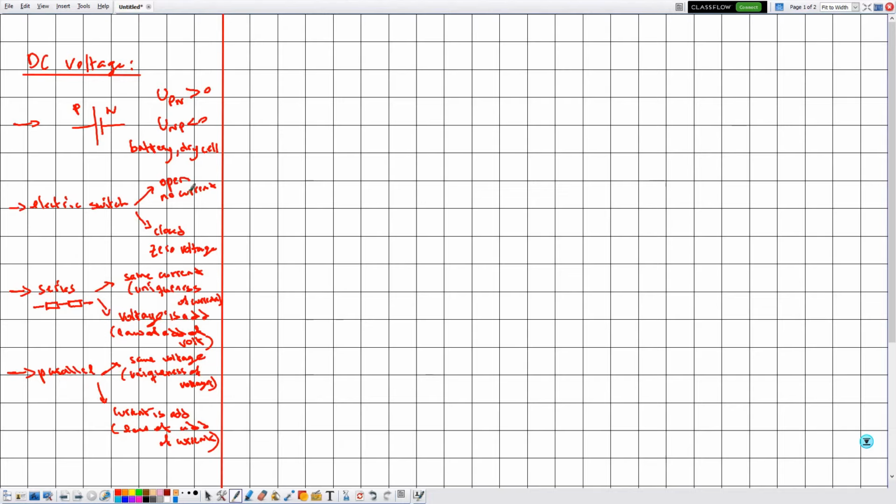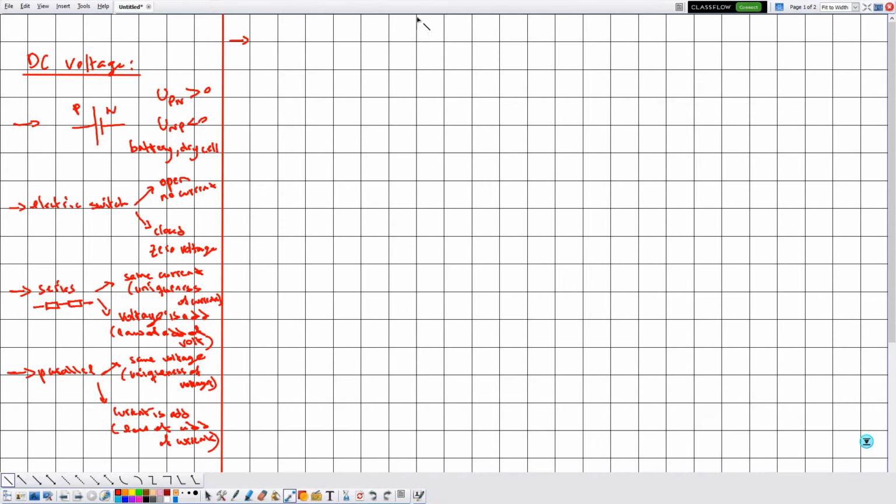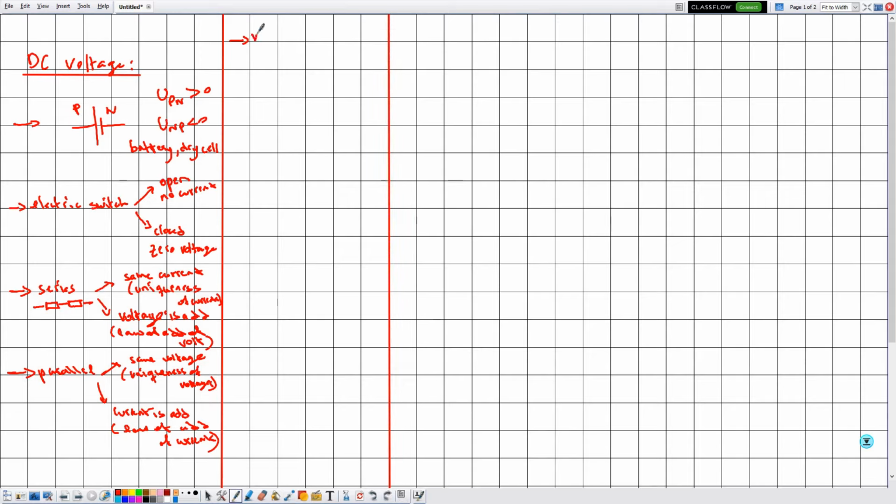Now we need to mention the voltmeter and the ammeter. Let me split also the board like this. The voltmeter is used to measure the voltage, and it's connected in parallel.